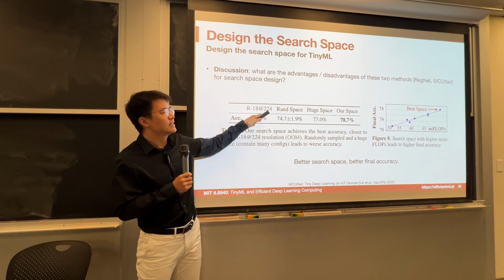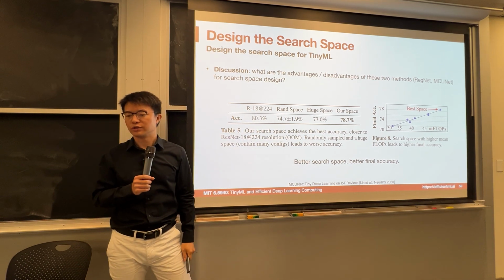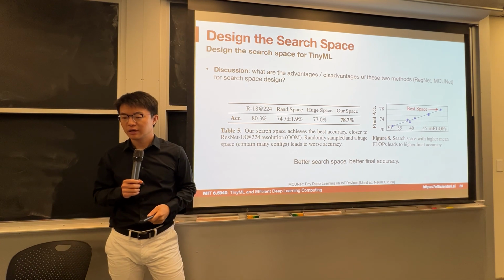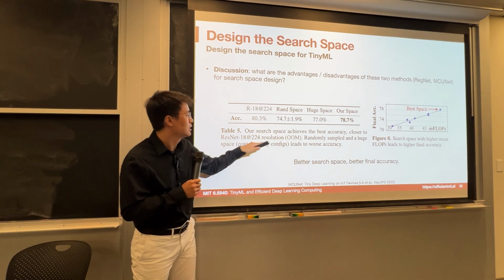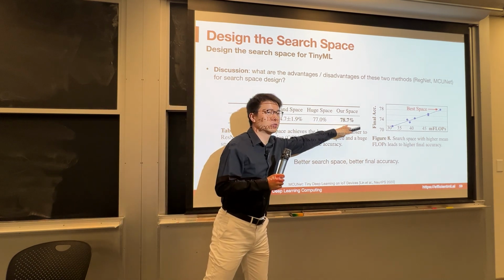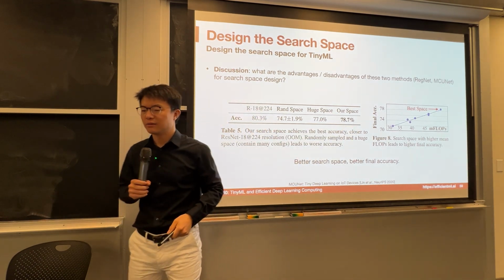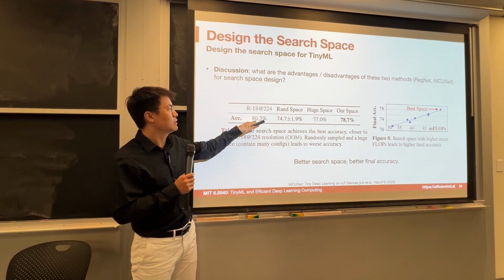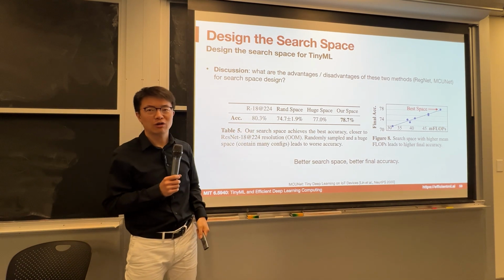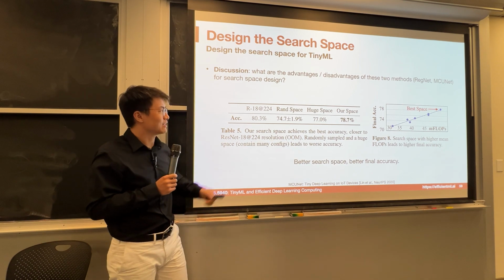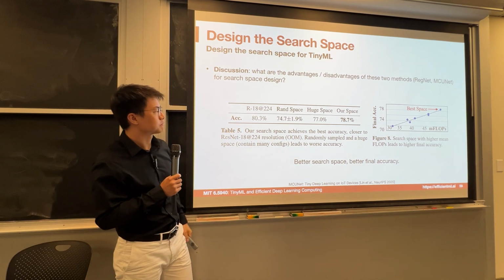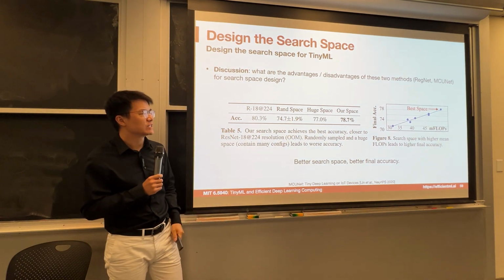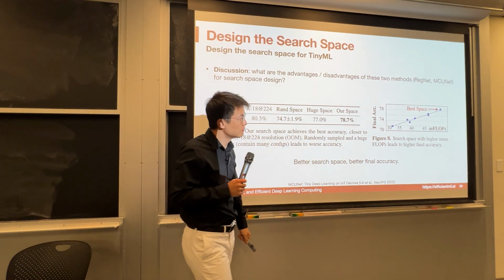Versus this is ResNet-18 at 224 resolution, which doesn't fit the memory constraint, it is out of memory, but we want to show our searched model fitting such a very tight memory constraint, only a few hundred kilobytes of SRAM, can get very close to the standard ResNet-18 at 224 resolution. But the random sampled design space and huge design space lead to worse accuracy.